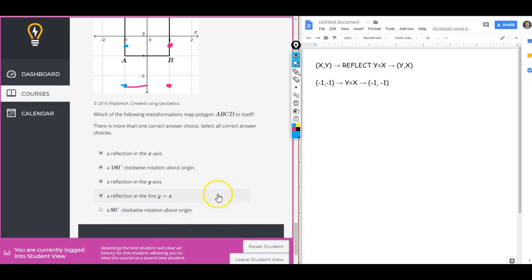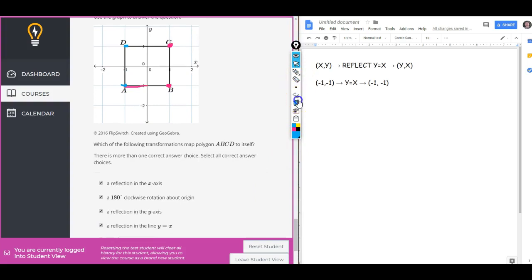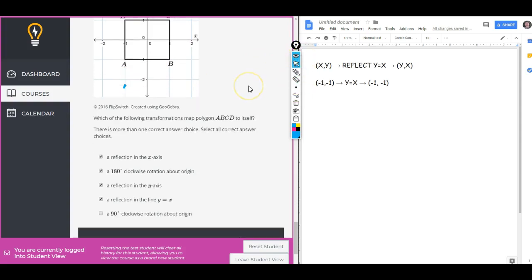90-degree clockwise rotation about the origin. So again, if I'm talking about a rotation, I'm checking point A. A rotation is a rigid transformation, so everything else would shift relative to A as well. So I'm just going to check A and see if it ends up landing at one of these coordinates. So a rotation 90 degrees clockwise.